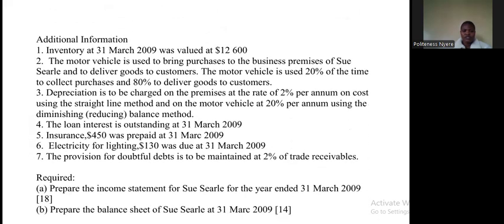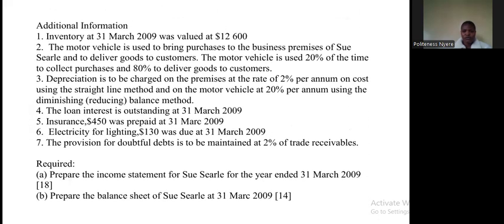Let's move on to the additional information, which is also very, very important. Inventory at 31 March 2009 was valued at 12,600. This is our closing inventory.